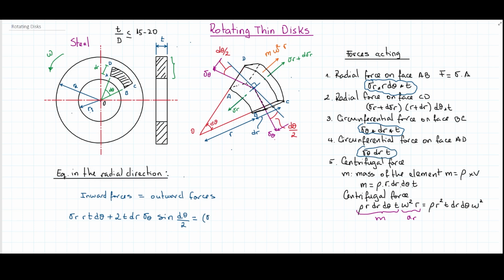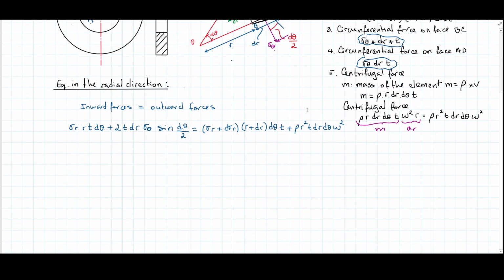It's going to be σ_r plus this one here, times r plus dr, dθ, t, plus the centrifugal force. We already have the centrifugal force summed up here. So it's going to be this density ρ r² t dr dθ and the angular velocity squared. Awesome. Any questions so far?